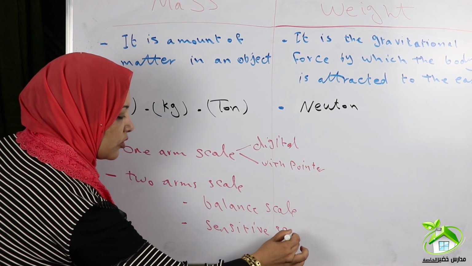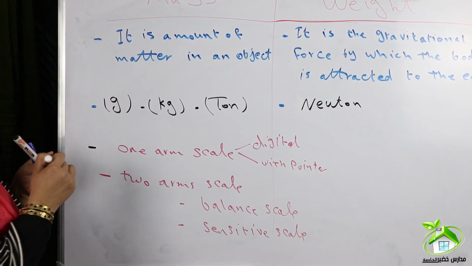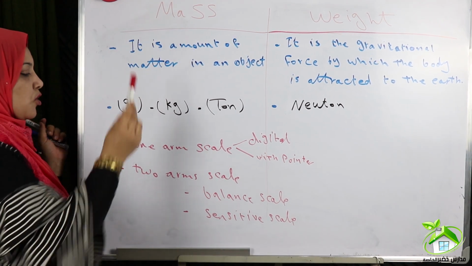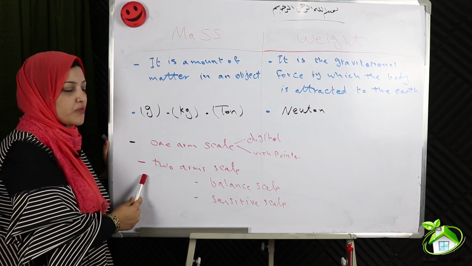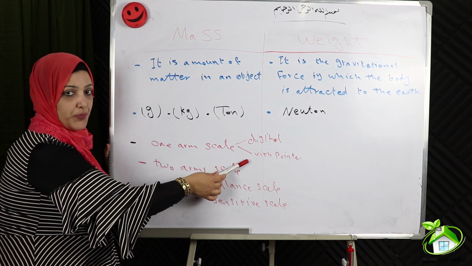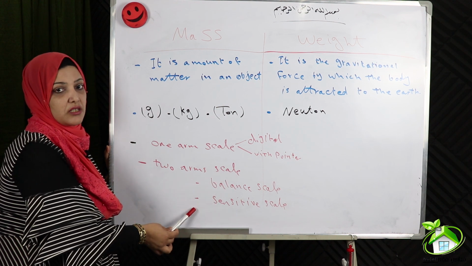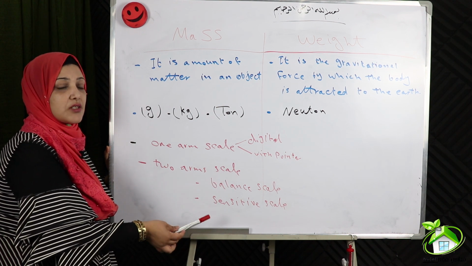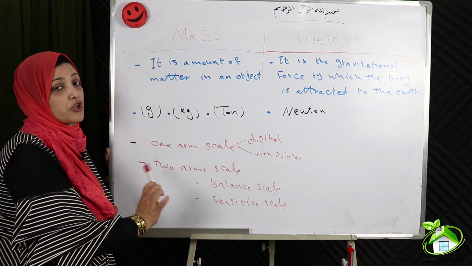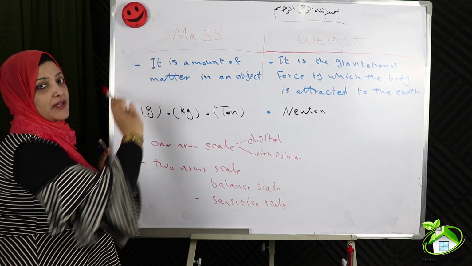So the measuring tools which we use to measure mass are the 1 arm scale, like a digital scale or a scale with a pointer, or the 2 arms scale, like a balance scale or a sensitive scale. The sensitive scale is for measuring small masses, but the balance scale is to measure large masses. These are the tools which we use to measure mass.